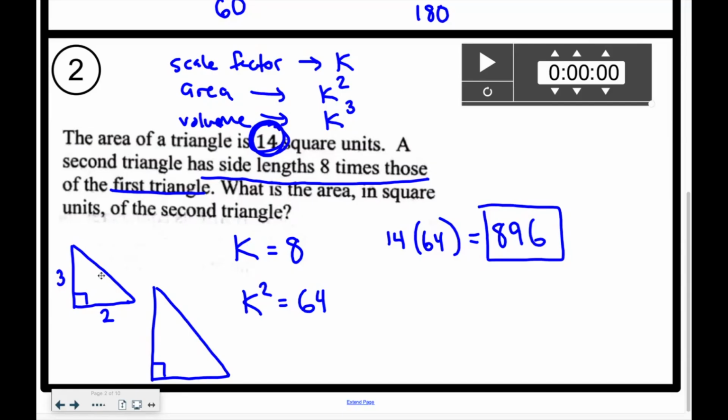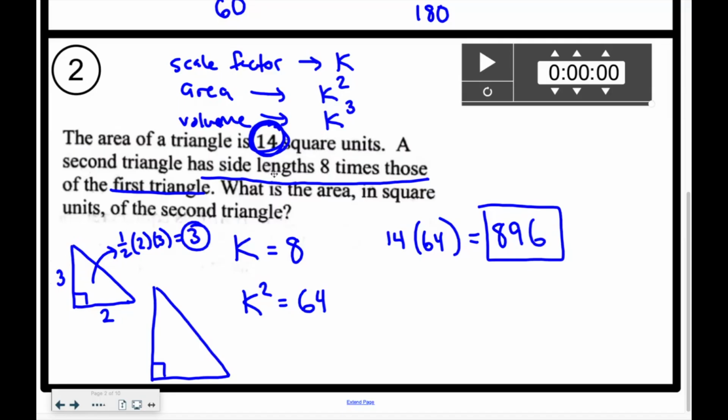If we remember, the reason that this way is going to be quicker is because we don't need to know any of these formulas, but we do need to know them for other problems. So if we wanted the area, that would be 1/2 times base times height, which is going to turn out to be 3. So the area of this triangle is 3.